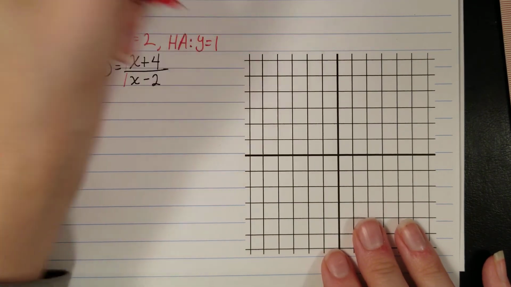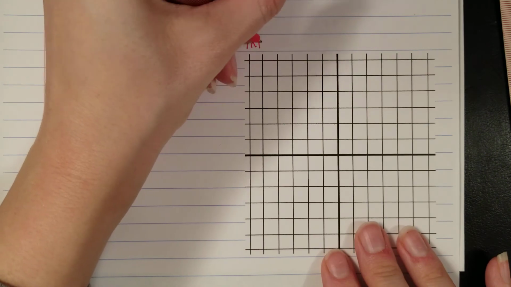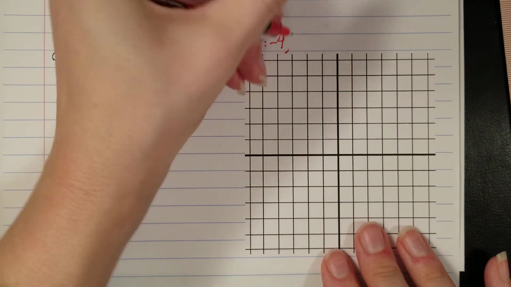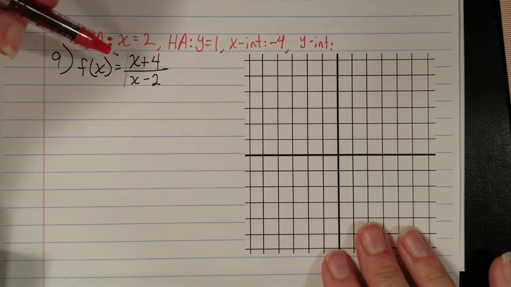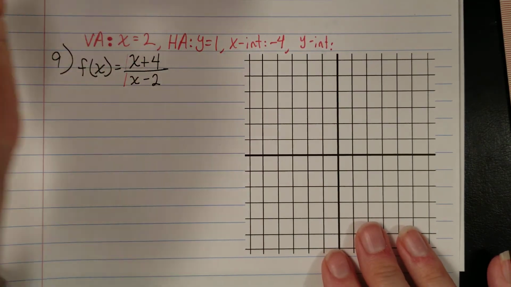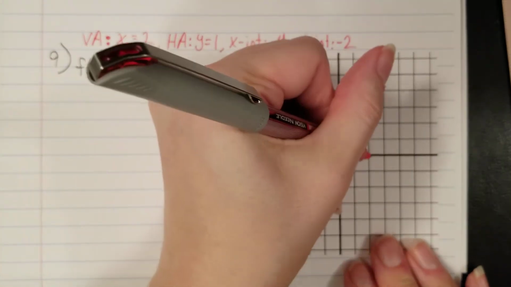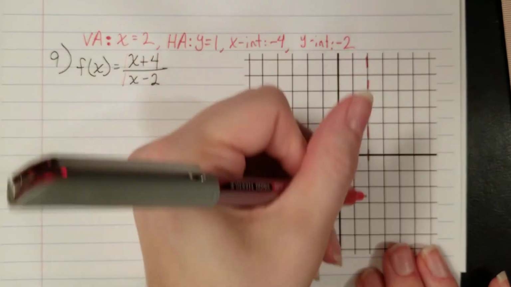So that's y equals 1. X-intercept, set the numerator equal to 0, so that's going to be -4. Y-intercept, plug in 0 for the x's, so 4 over -2 is -2. Okay, so let's graph that.